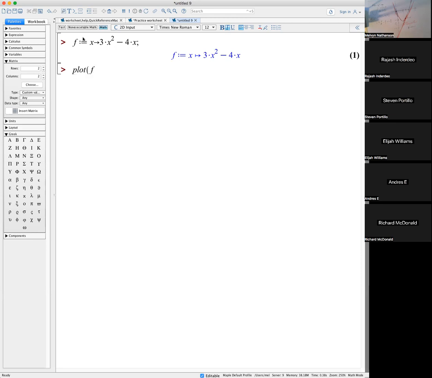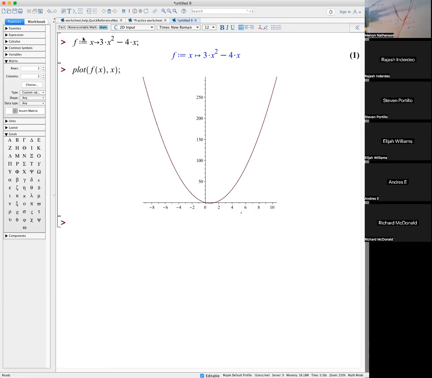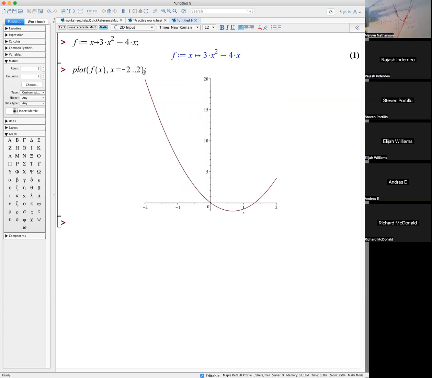Now, if I want to plot f of x, here's my parabola. Now, it goes up very quickly. I don't want to see it that far, so maybe I'll just plot it from maybe x equal minus 2 to 2. Or maybe I'll go to 3. That's maybe more fun. Plot f of x, x equals minus 2 to 3.